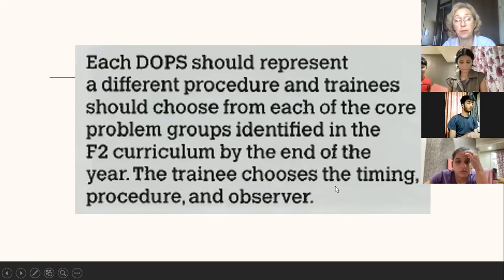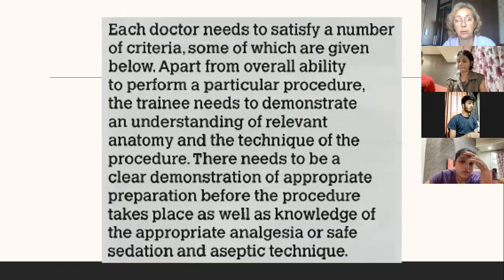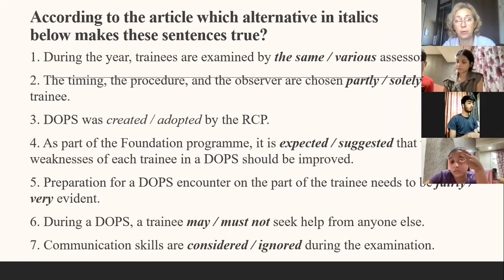The trainee chooses the timing, procedure, and observer. So there is a sentence here. It's not somebody who chooses for him. Solely is the right answer, solely by the trainee.